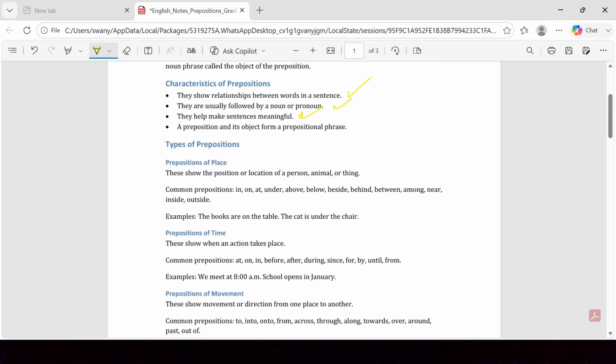These show the position or location of a person, animal, or thing. So that is the meaning of a preposition of place.